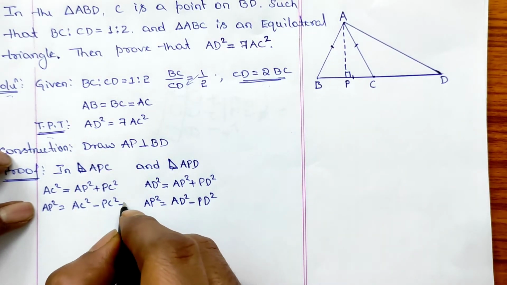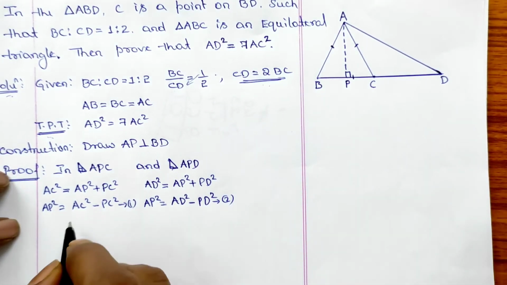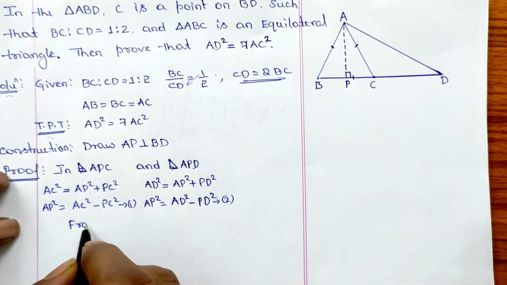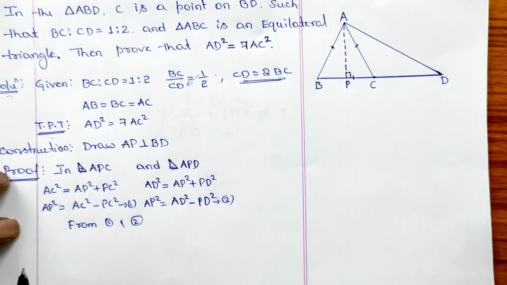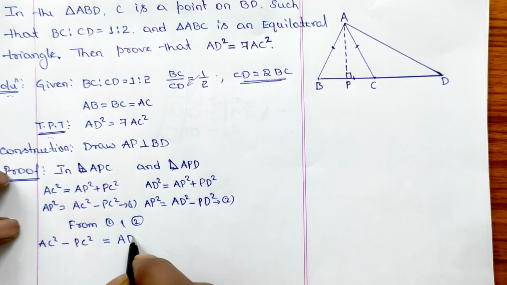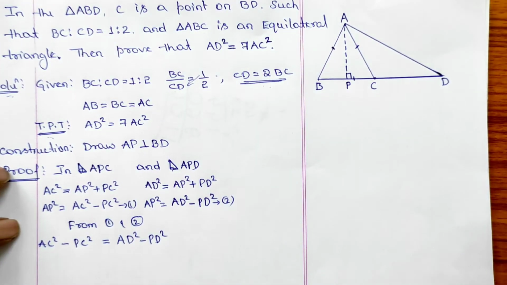So this is equation 1, this is equation 2. From equations 1 and 2, we can write AC square minus PC square is equal to AD square minus PD square.